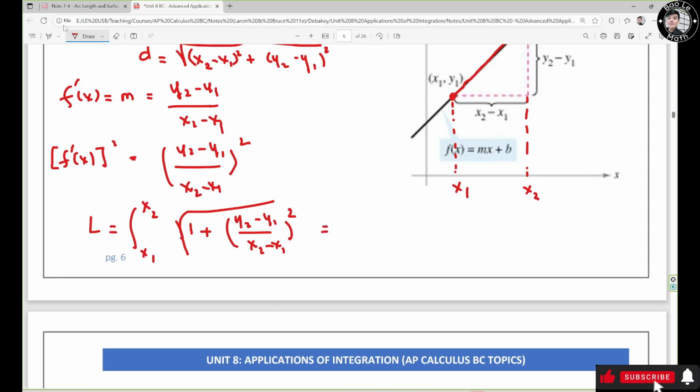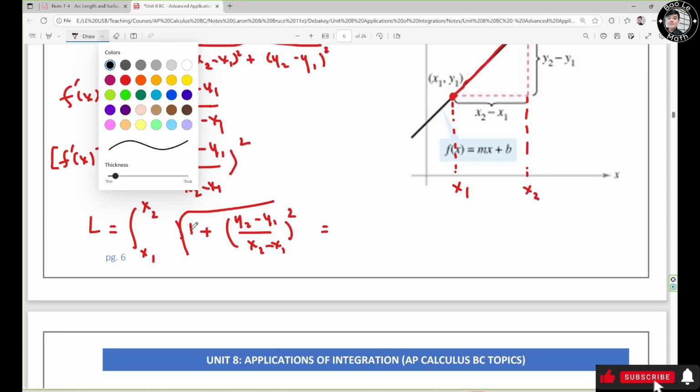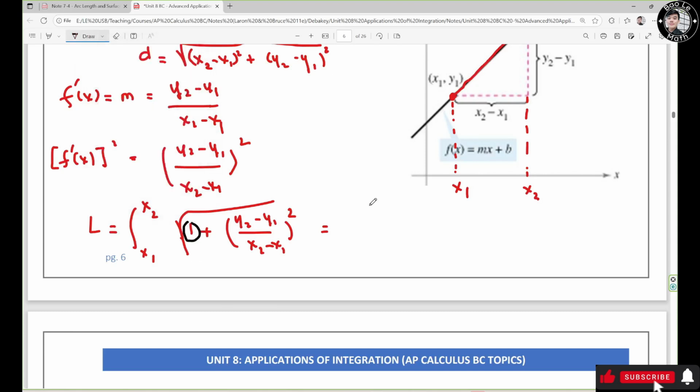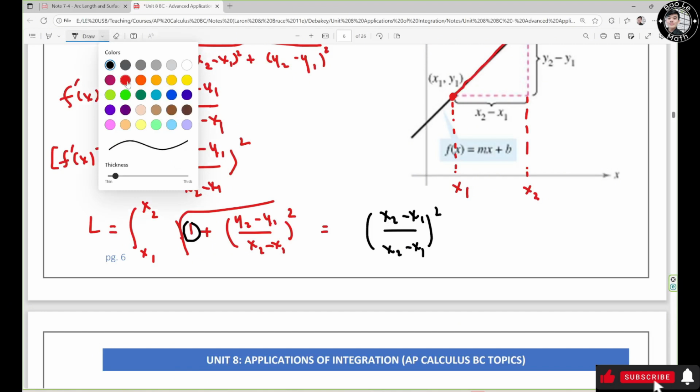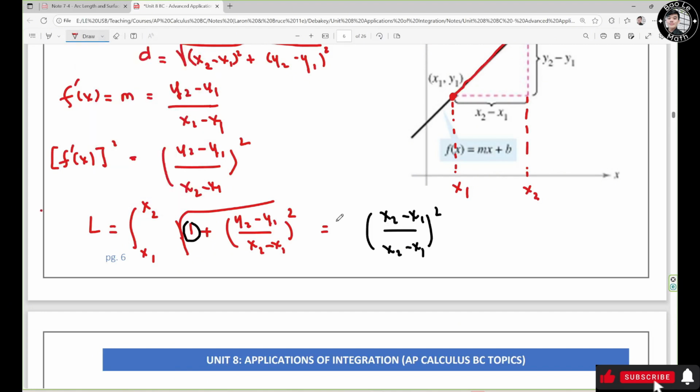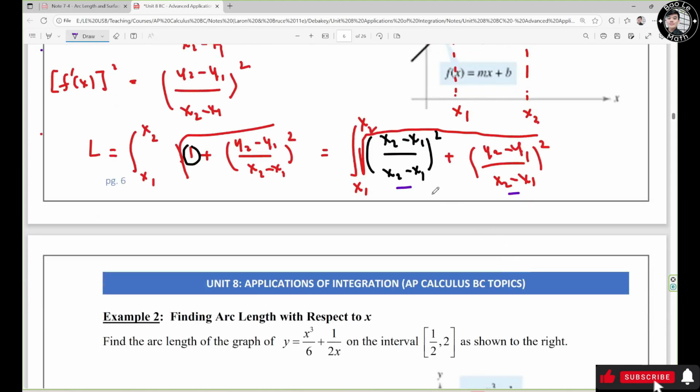Now, the number 1 here can be written as ((x2 minus x1) over (x2 minus x1)) all squared, and I'm going to rewrite everything else. Since these two terms have the same denominator, which is (x2 minus x1) squared, I just rewrite this one in the same denominator.